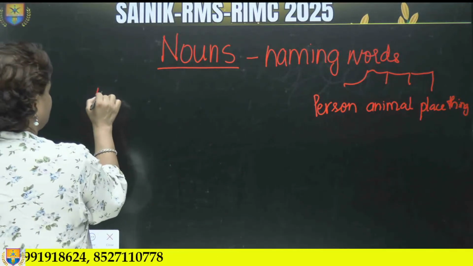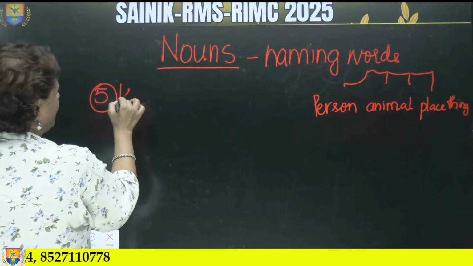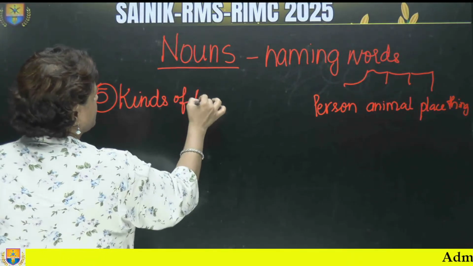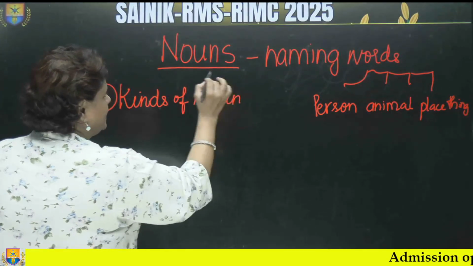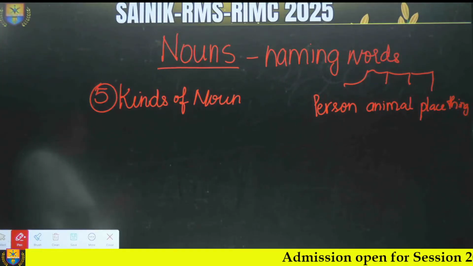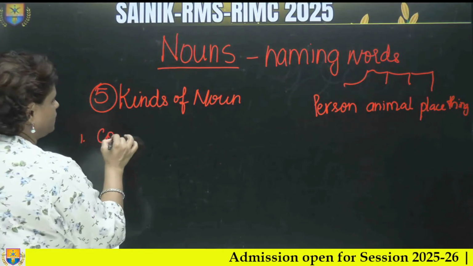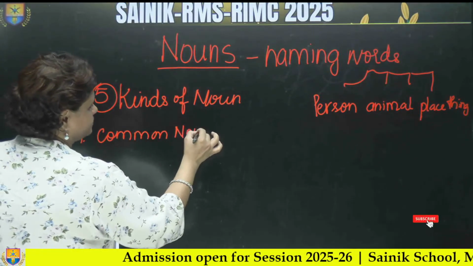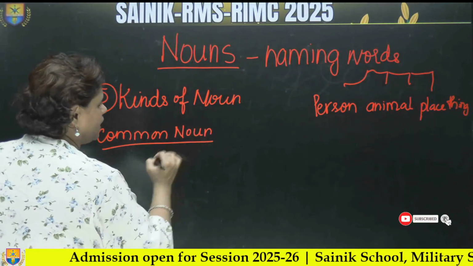Now, we have seen the 5 kinds of noun. Let's have a quick revision about the 5 kinds of noun. The first one we studied was common noun. What was a common noun?